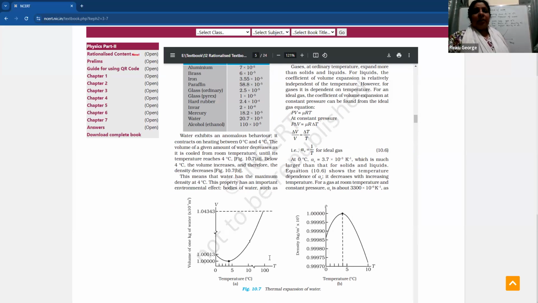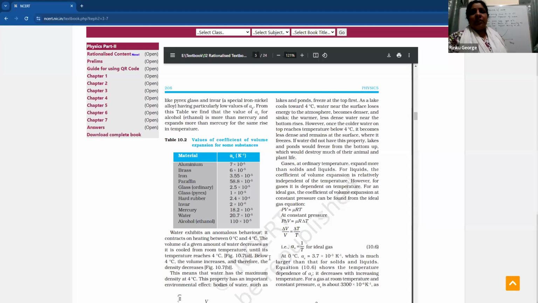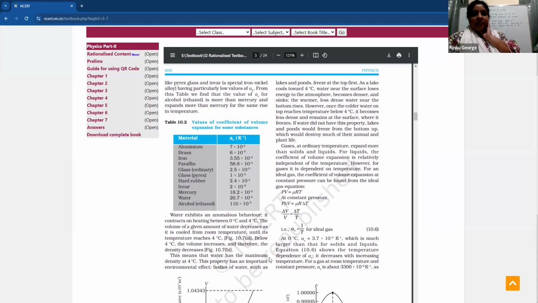This property is important for an environmental effect, for bodies of water such as lakes and ponds freeze at the top first. As the lake cools towards 4 degrees, water near the surface loses energy to the atmosphere, becomes denser and sinks. The warmer, less dense water near the bottom rises.